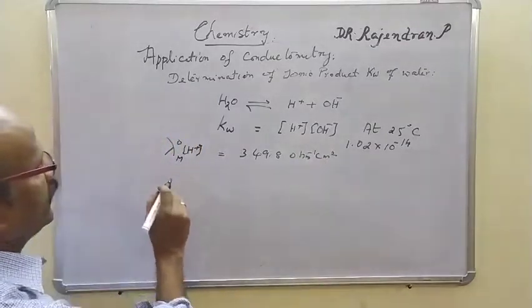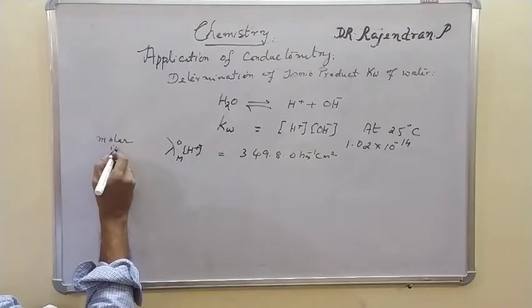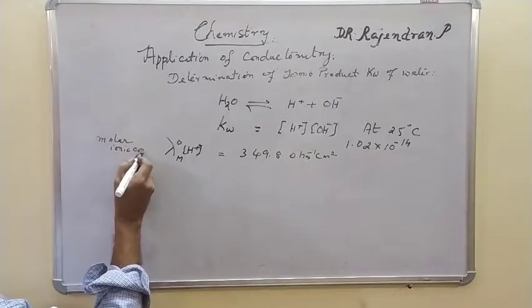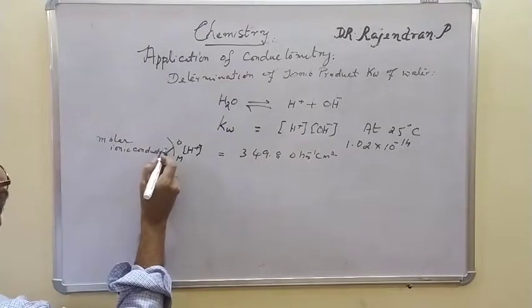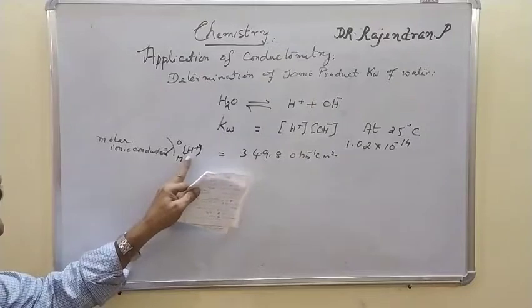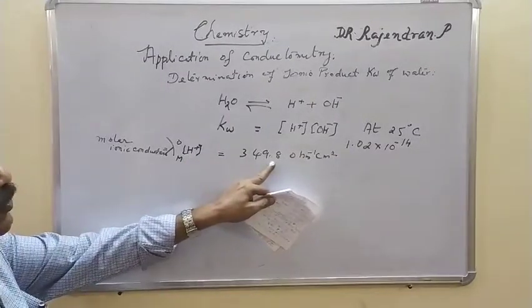The molar ionic conductance of H plus ion, lambda 0 m H plus, is 349.8 ohm raised to minus 1 centimeter square.